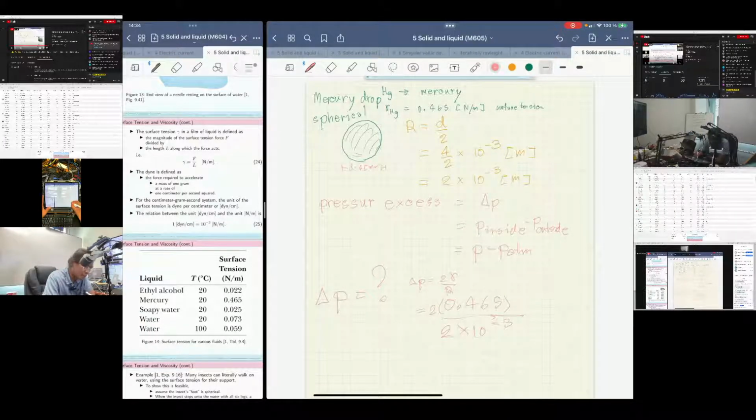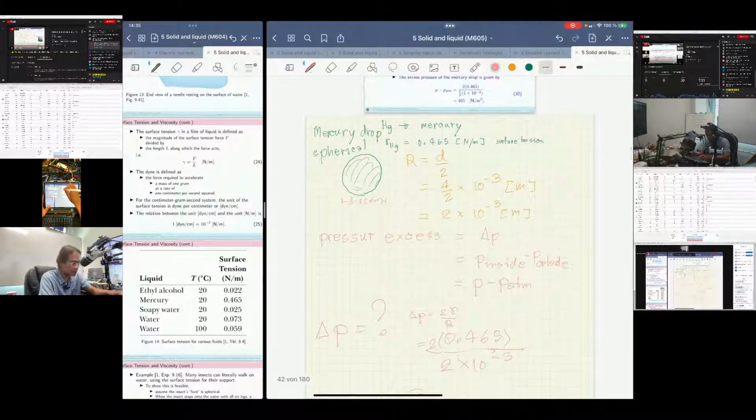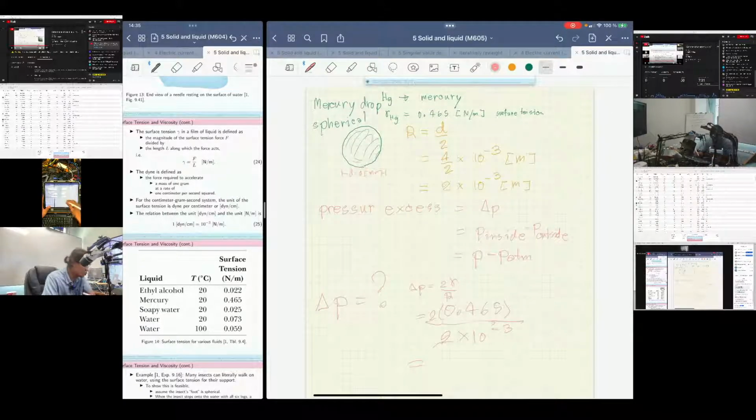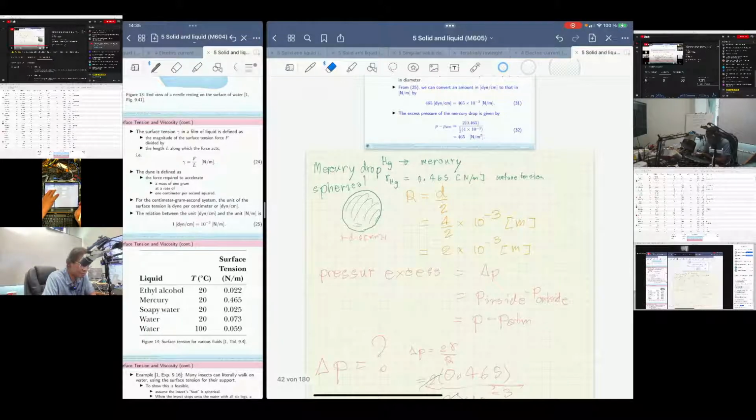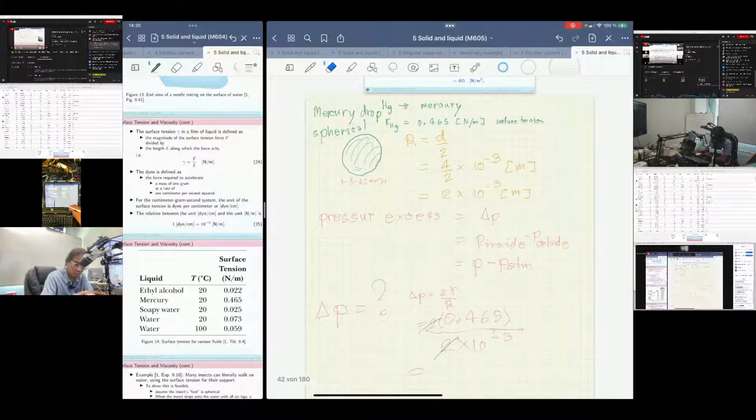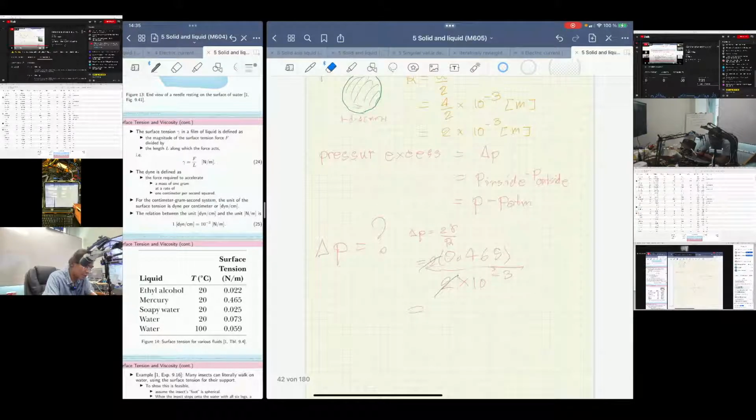You put it into the calculator and you would have the cancellation between the 2 above and below, and we flip the 10 to the negative 3 to the numerator, and we end up with 465 only.